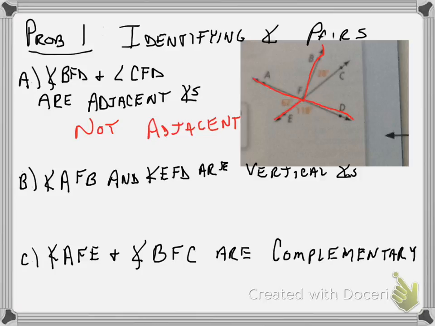Are they vertical angles? The answer to that question is no. If you can take a look here, let me grab another color off here. AF and FD are definitely opposite rays. But are EF and EB opposite rays? No, so they are not vertical angles.